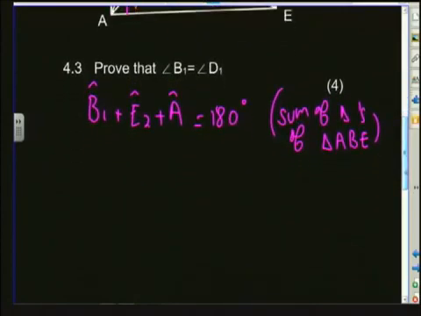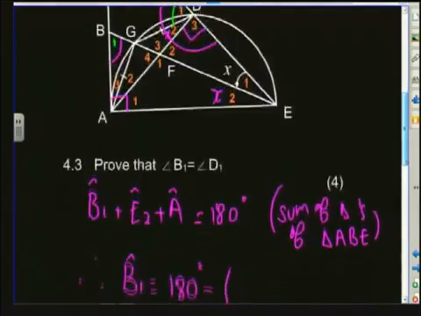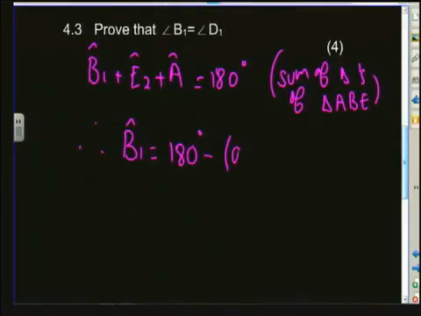Okay, therefore B1 is going to be 180 degrees minus the sum of E2 and A. So it's going to be 180 minus, and remember we showed that E2 was equal to x and A was equal to 90, so it's 180 minus (90 plus x). So therefore we get that B1 is equal to 90 minus x.